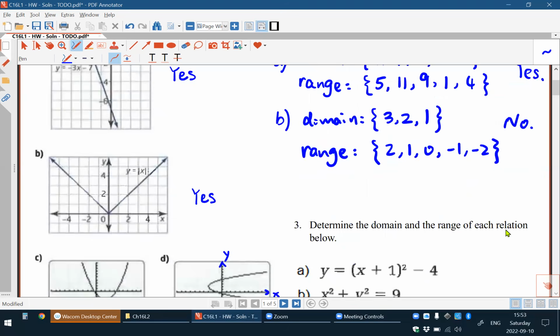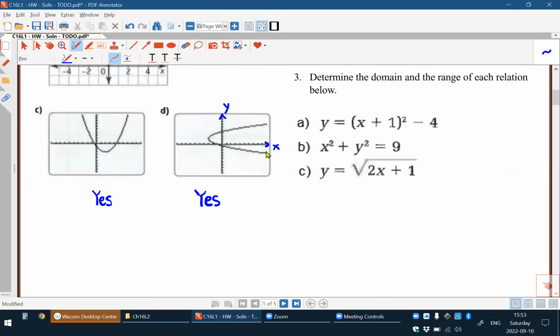Okay. Next one, determine the domain and range of each relation below. For the first one, what is the domain? There should be no restriction for x, right? So the domain is just the real number set. So how about the range?